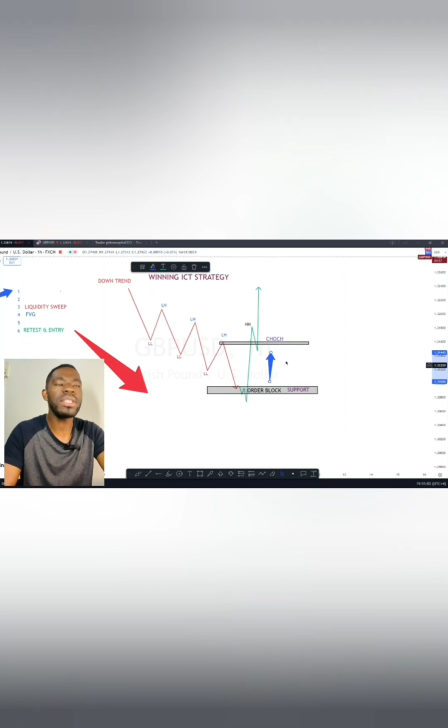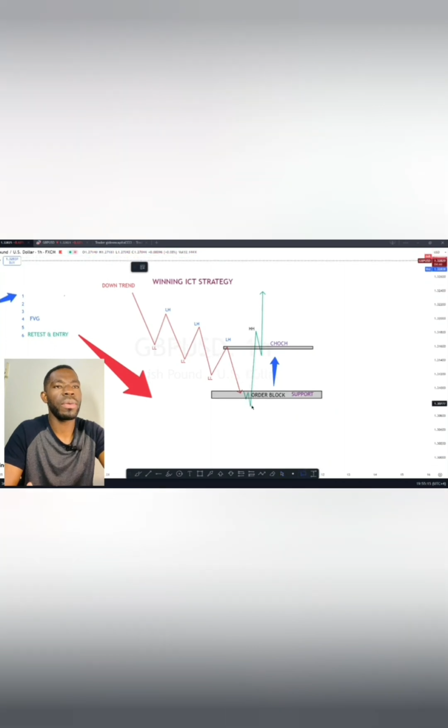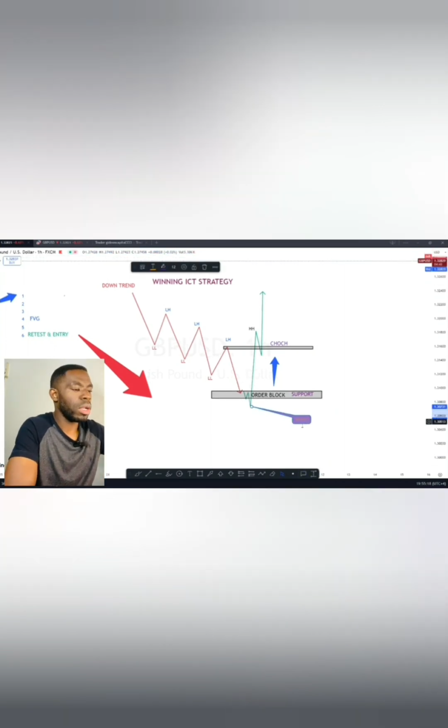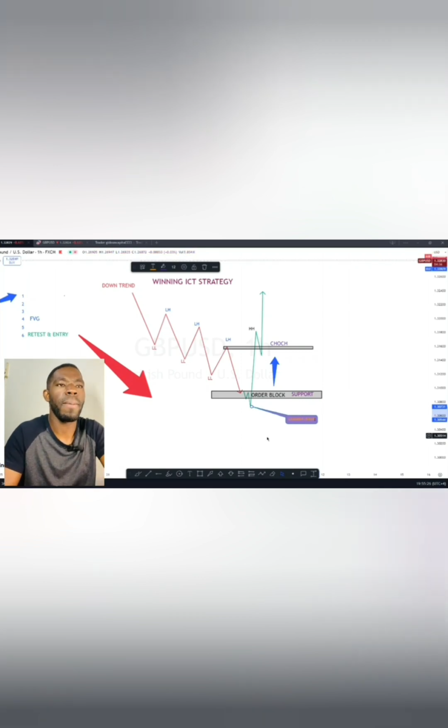So when this happens, you also have a liquidity sweep down here. Just to illustrate, there is a liquidity sweep at this point here, around this area.